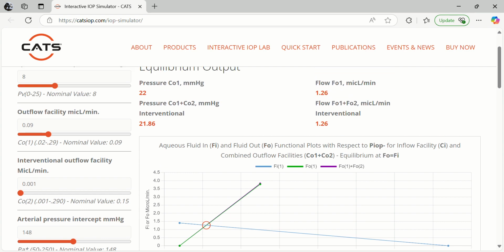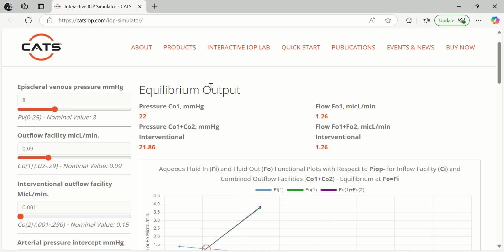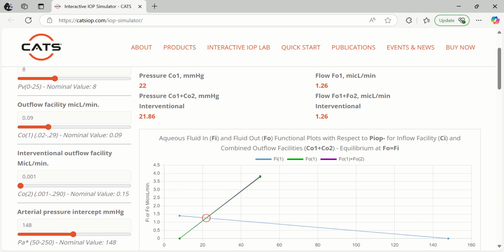So if we look at our variables over here, we can change these and say, number one, we have a disease process where we have an arteriovenous fistula, and we want to examine what happens when this venous pressure goes up dramatically. So we can do that, and what this allows us to do is be able to look at the new steady state pressure and the new equilibrium that occurs, which is a significant increase.